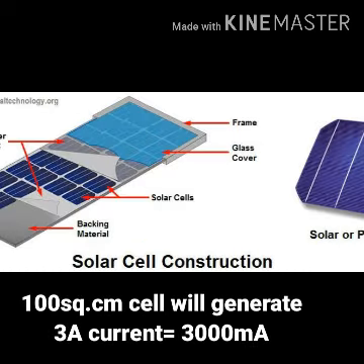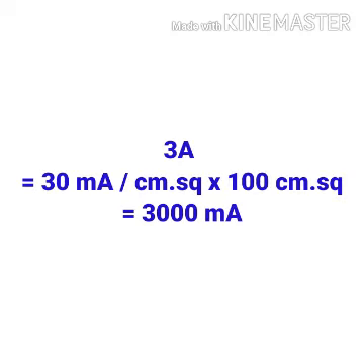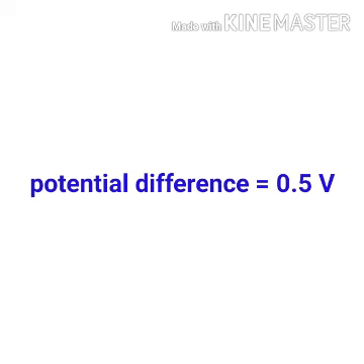Thus, a silicon solar cell of dimension 100 centimeter square will generate about 3 ampere, that is, 30 milliampere per centimeter square into 100 centimeter square is equal to 3000 milliampere, that is 3 ampere current, and 0.5 volt potential difference.